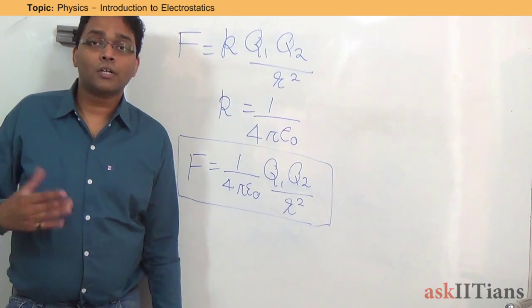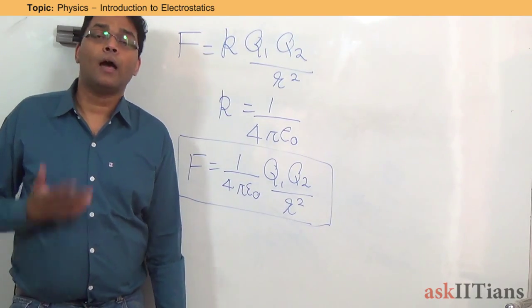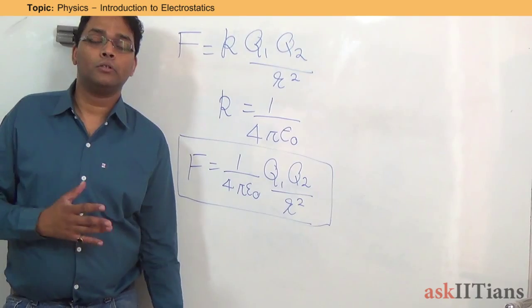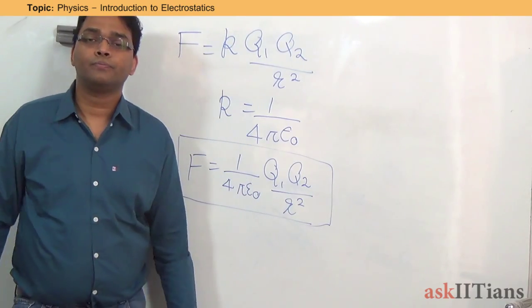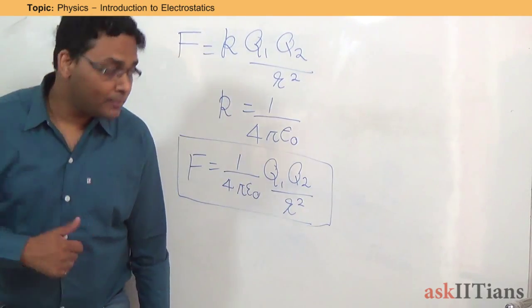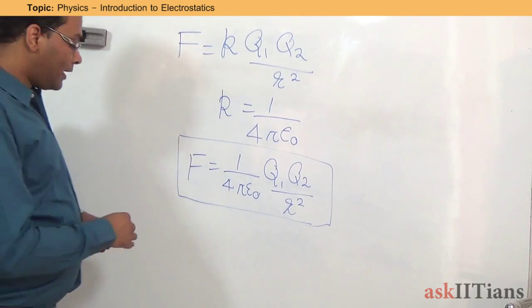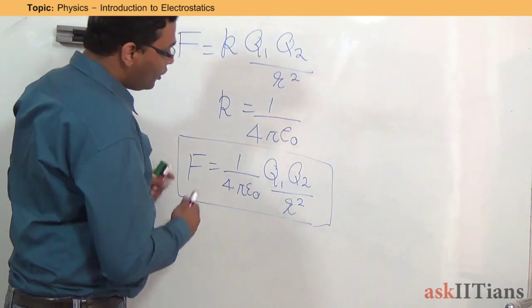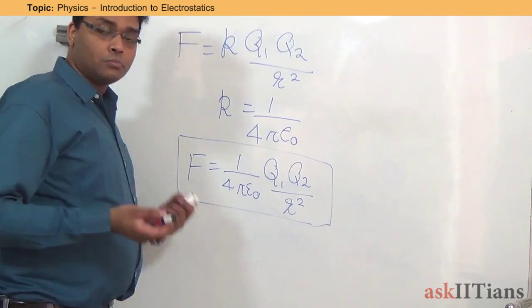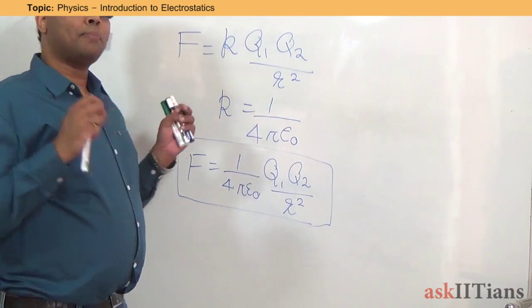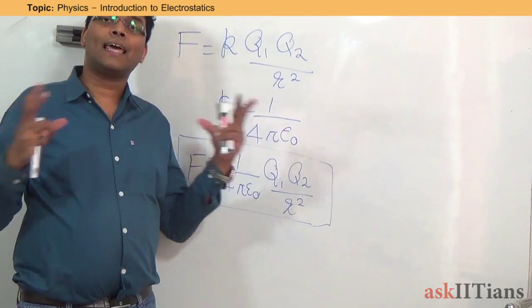Why? Because the contact force depends upon the density of the medium where the two balls are coming together. The same thing happens here. If you have the two charges kept in vacuum or in air, the maximum amount of interaction between the two charges can actually happen.